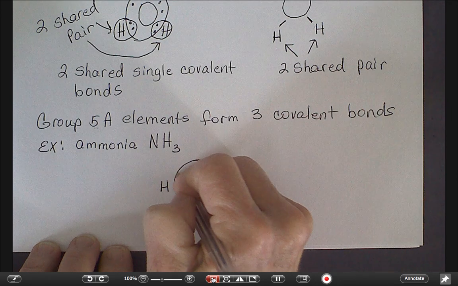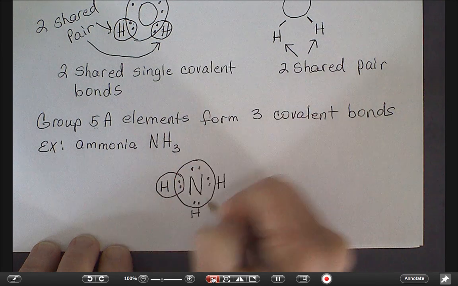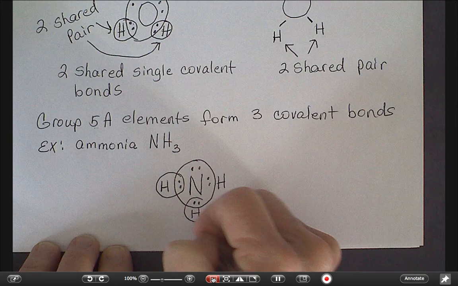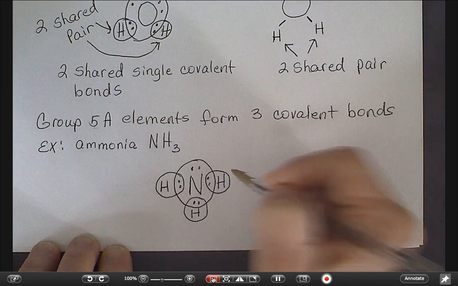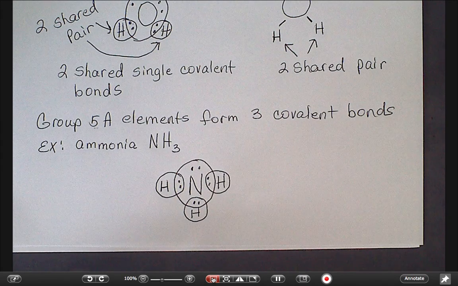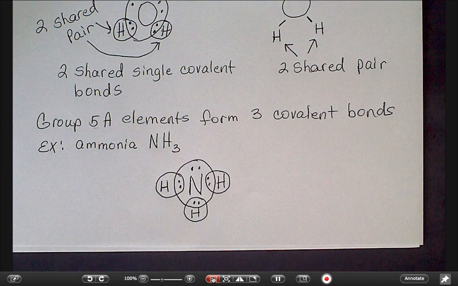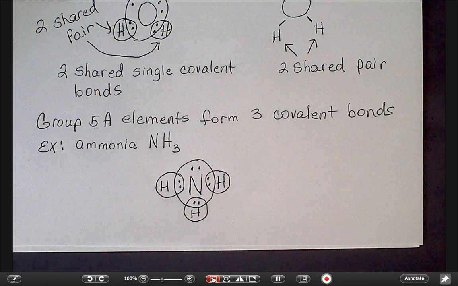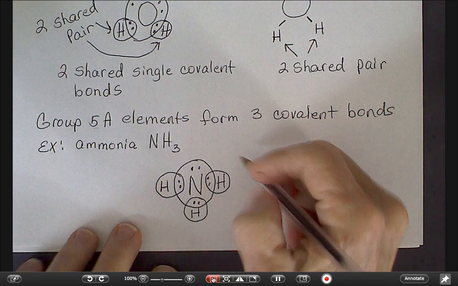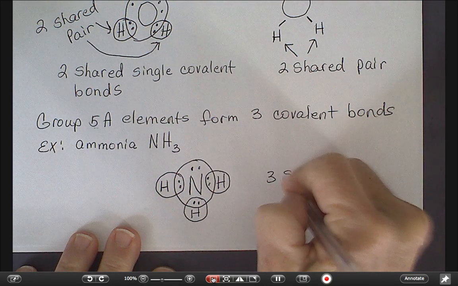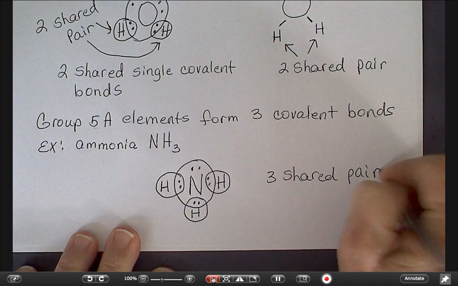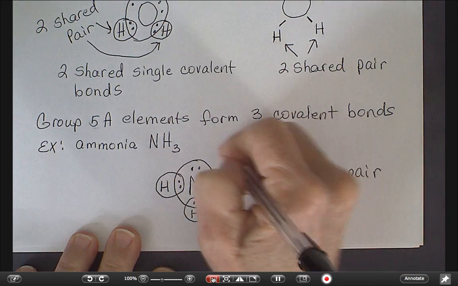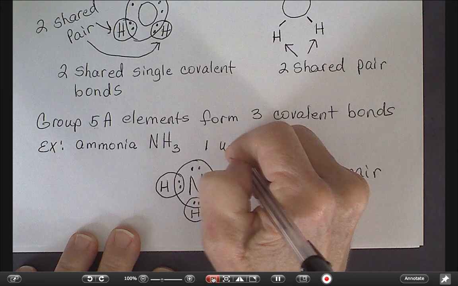Okay, and each hydrogen is happy with 2, which is the helium electron configuration, and nitrogen has 3 shared pairs. So we've got 3 shared pair, and what? 1 unshared.